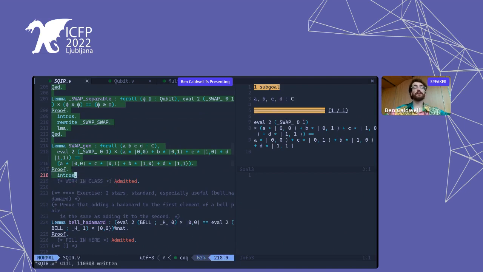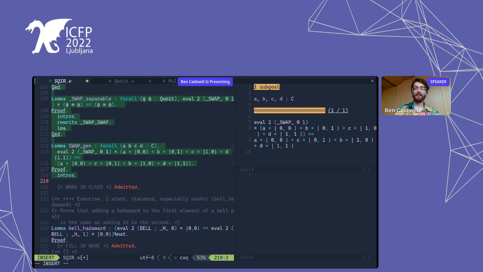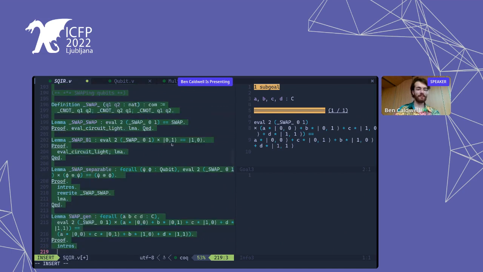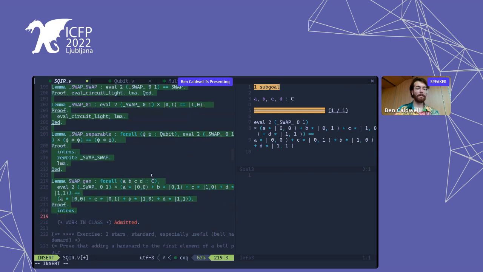Does anybody have any ideas how we might want to start this? The first thing I think is we have this. Yes, but I don't think we actually threw this in there.